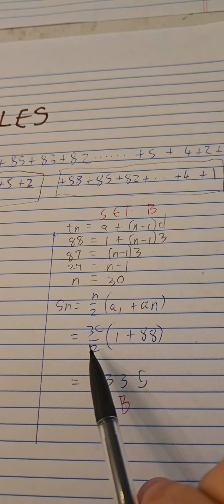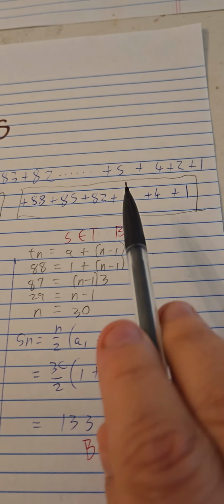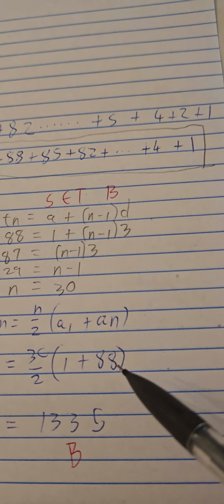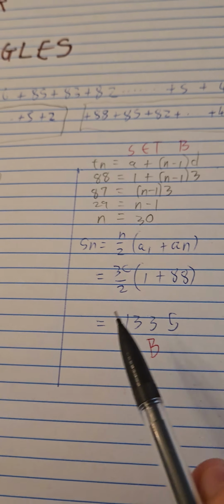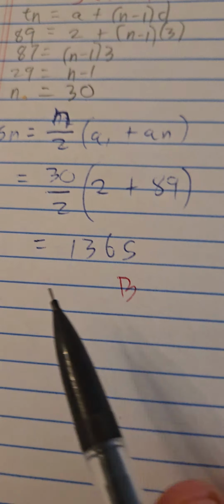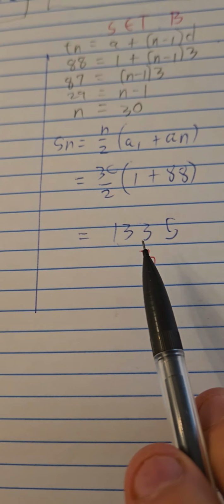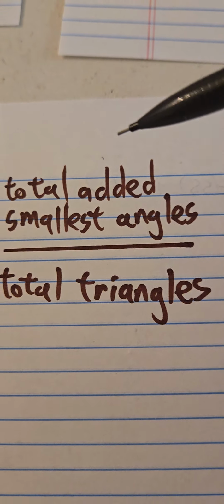And set B, same thing, 30 terms divided by 2 times 1 plus 88. And the arithmetic comes to 1335. Okay, so the total number of triangles is 1365 plus 1335. So the average is the total.